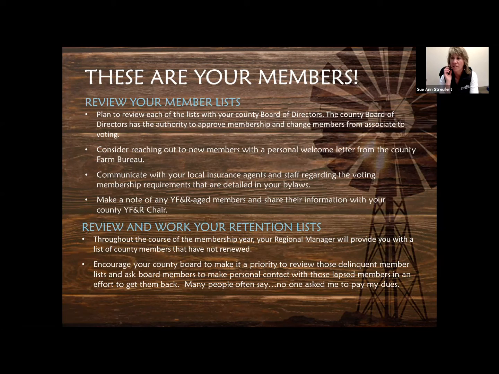But if you make a personal call or reach out in a personal way, you can get those county members back fast. I know your regional managers are probably always encouraging you to do that, but working these membership lists and membership recruitment and retention should always be at the top of a county farm bureau's priorities for their program of work.